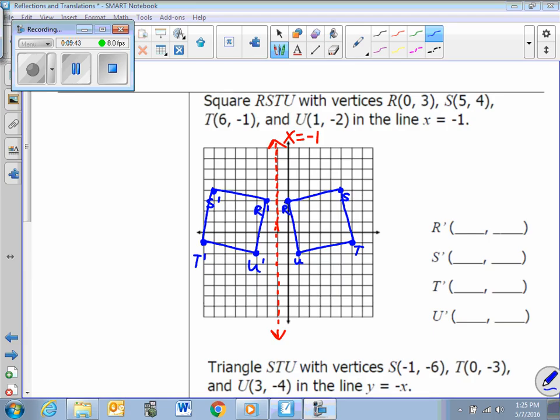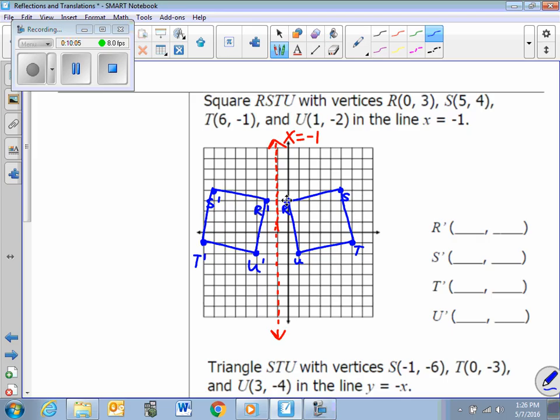So here I have reflected my square across the line x equals -1, and the way I did that is I just counted how many units away from the line R is, and then I put R prime the same number of units to the left of x equals -1, and I did that for all 4 of my vertices.